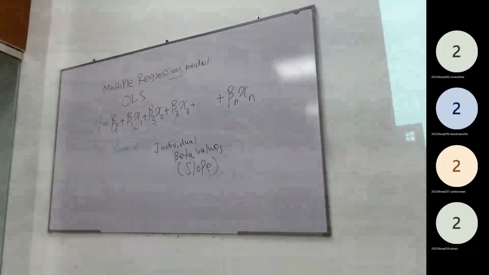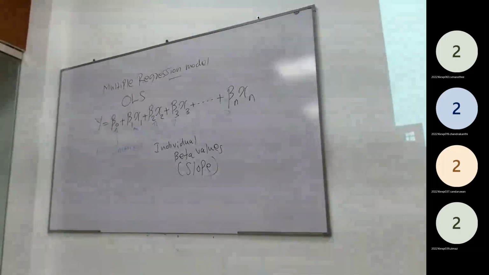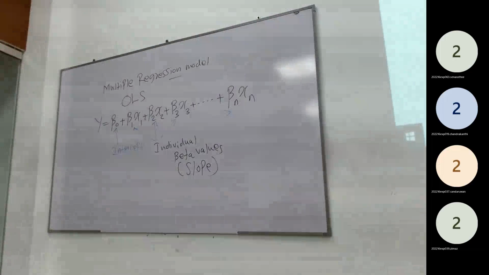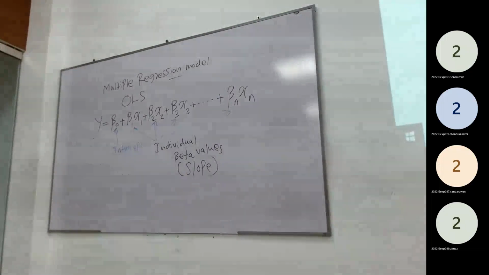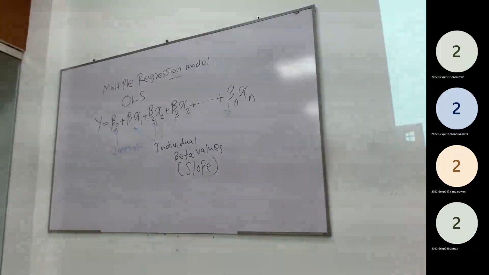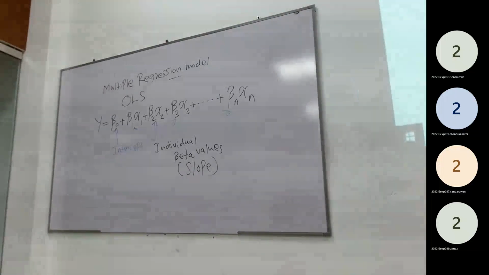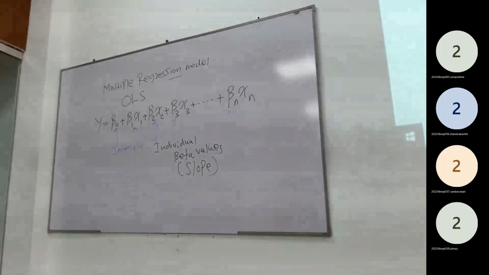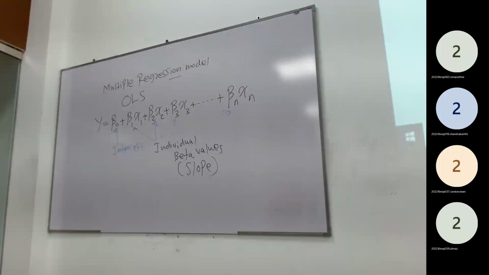Right. When we construct that regression model, the OLS method means all the steps we followed previously. Same steps, but we want to continue them because of more independent variables. Now continue.